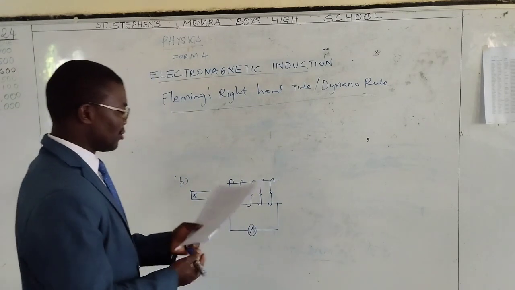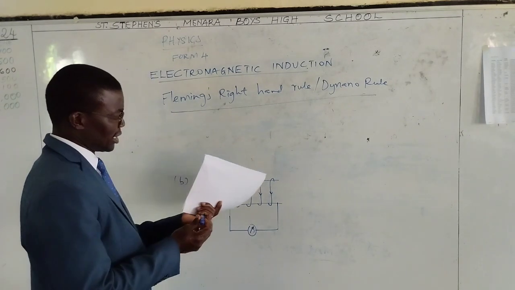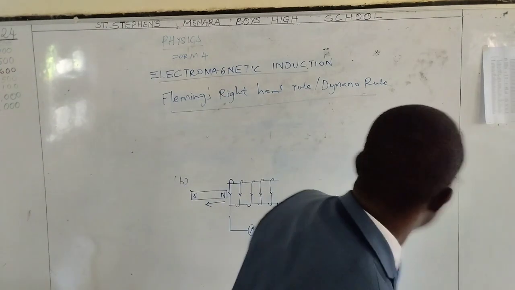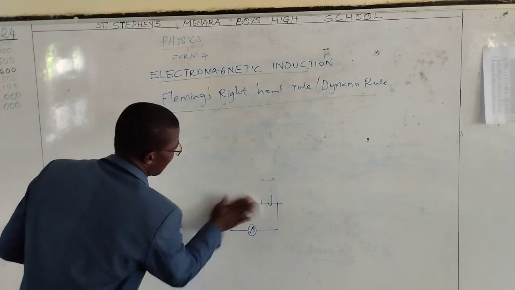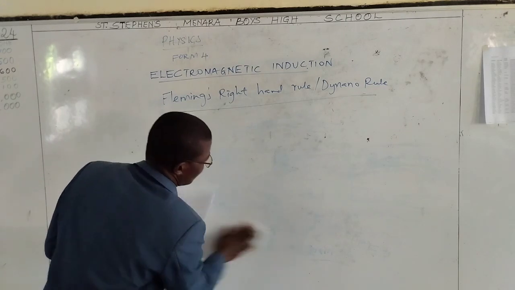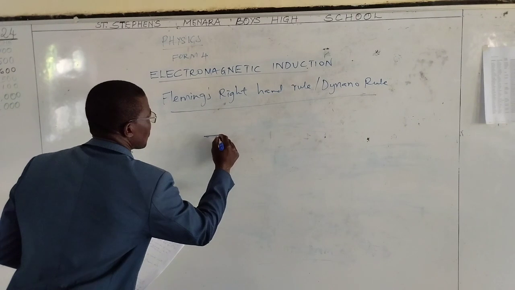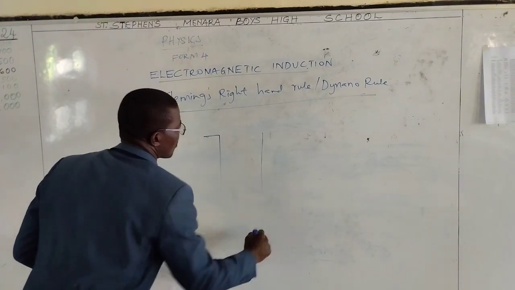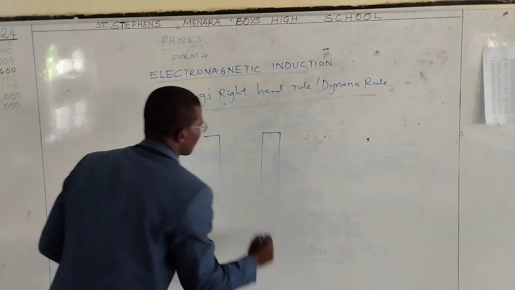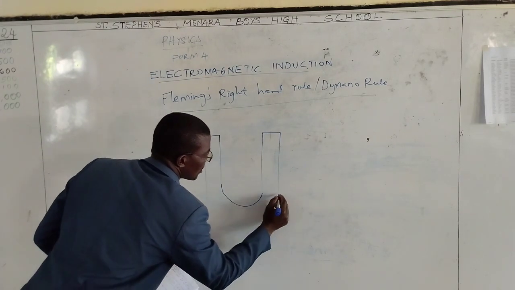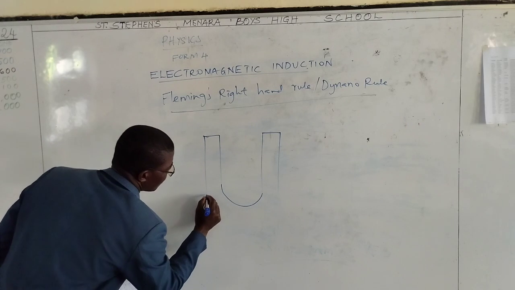And therefore, we shall use the following diagram to illustrate Fleming's right-hand rule. This is a U-shaped magnet.